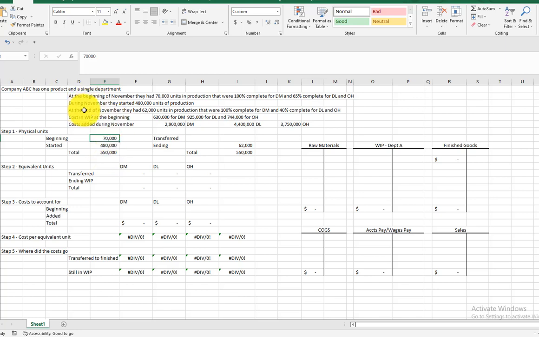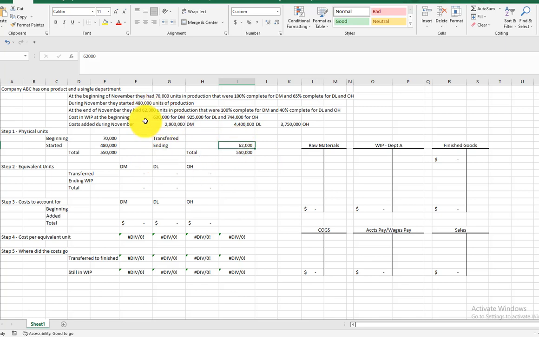So we also need some information at the end when we do our freeze frame, if you will. 62,000 units of production that were 100% complete. So right now, we're not so worried about percent complete. We just need to know where our physical units are. And at the end, we have 62,000. Okay?